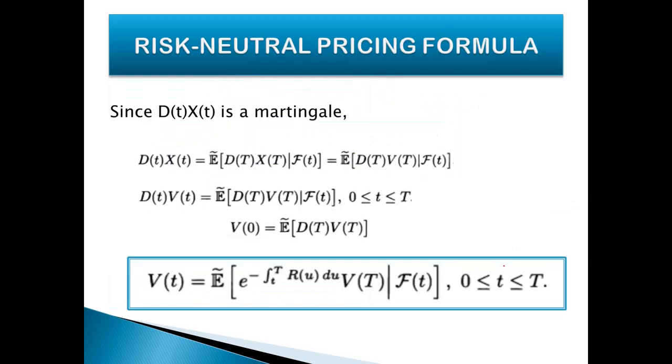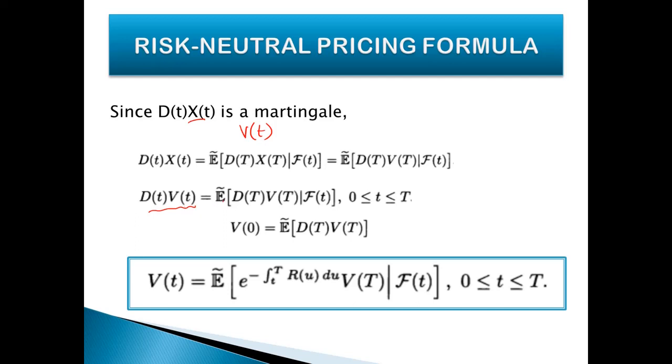Since DtXt is a martingale, consider that the portfolio process is Xt and the payoff is Vt; then they must be equal. So you write DtVt, because it is a martingale, DtVt is a martingale with respect to the risk neutral measure. So we write E tilde.